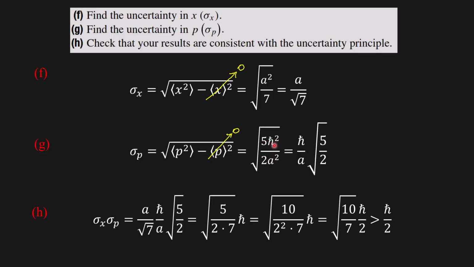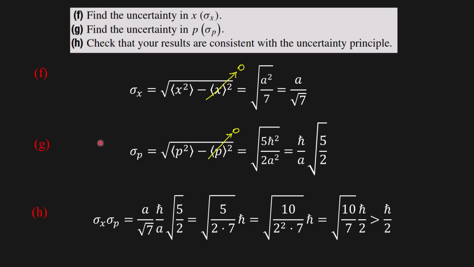Here h cross squared will become, if you take square root, h cross, and a squared will become a. Then inside the square root you will have 5 by 2. Now we have seen the uncertainty of p, that is sigma p.